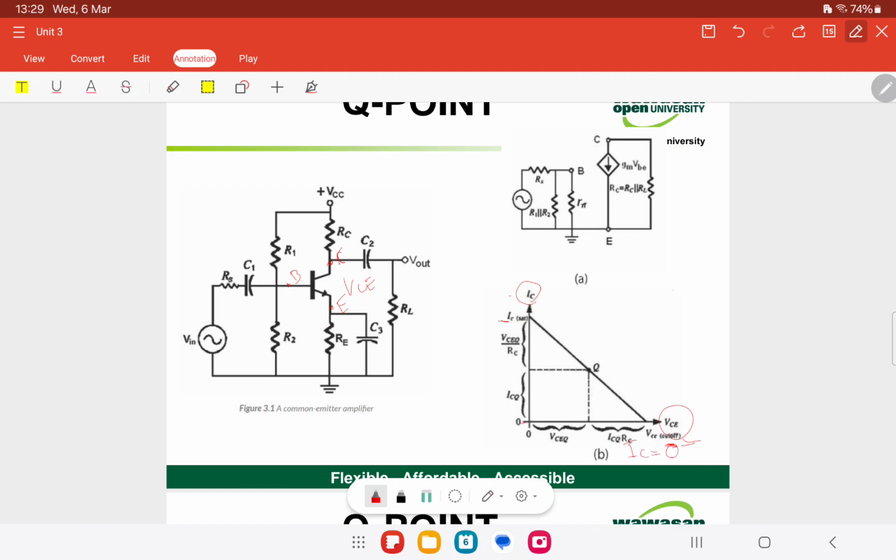To get that, we have to apply KVL inside here. We can go this way or this way to get IC and also VCE. This is the important parameter in DC analysis. We have 3 loops that we can go through here, for the voltage divider. And at saturation, VCE is equal to 0.